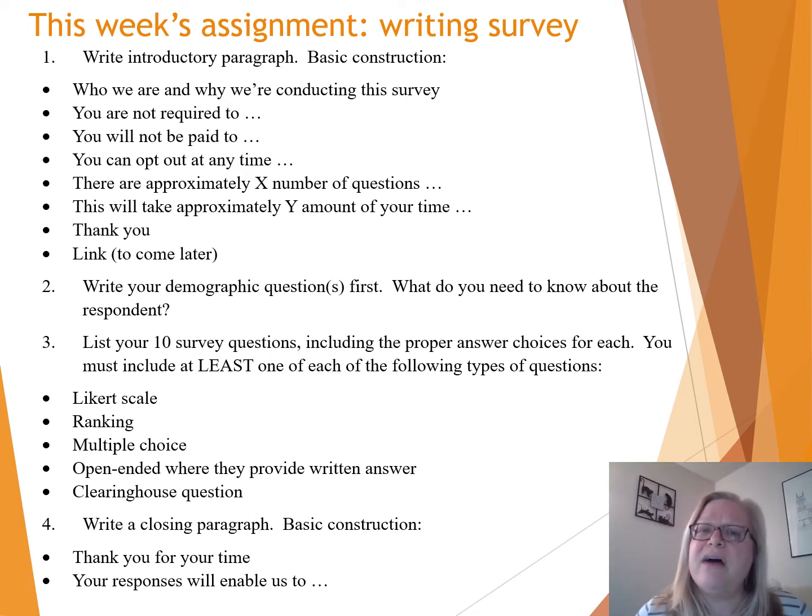A clearinghouse question is a question to get at any information you missed. So it might be something like, is there anything else you'd like to tell me? Or is there anything I forgot to ask that you think is relevant to this issue? That's what a clearinghouse question is. So put one of those at the end of your question list.